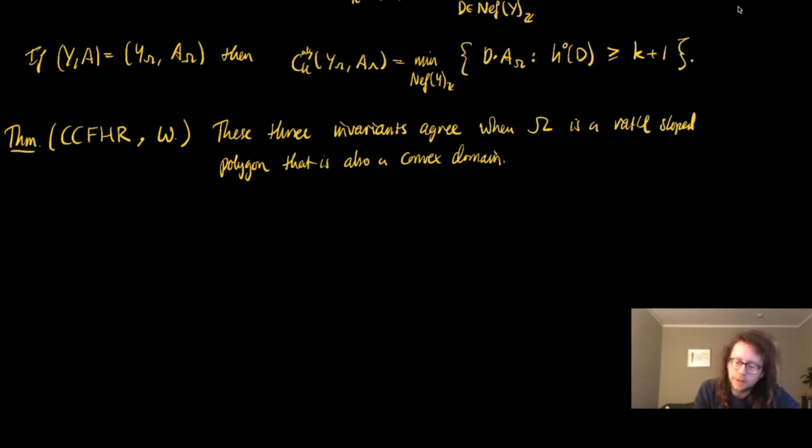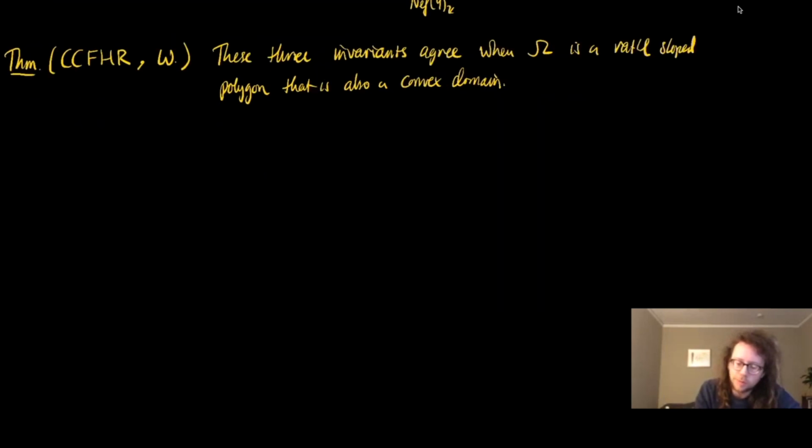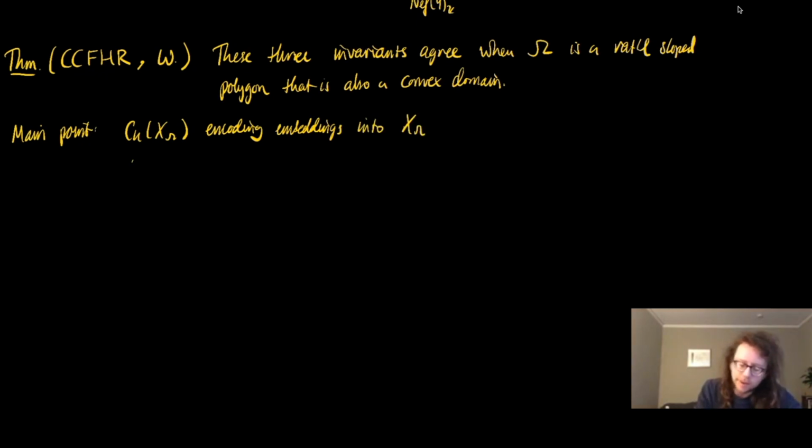Okay. And the main point to draw from this is that ck x omega is encoding embeddings into x omega, and ck alg y omega a omega is encoding algebro-geometric information.